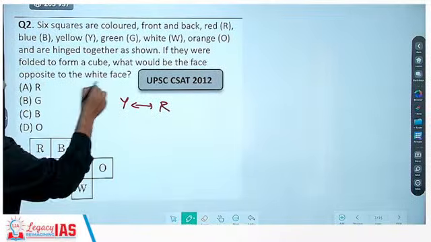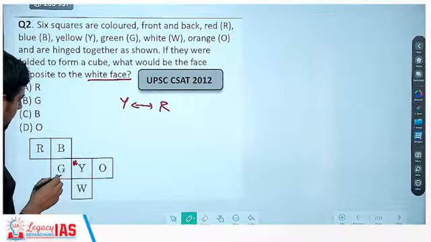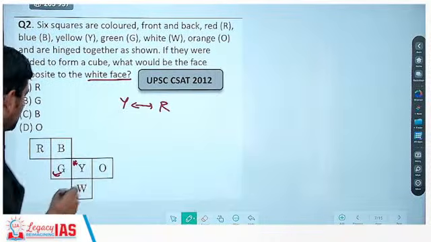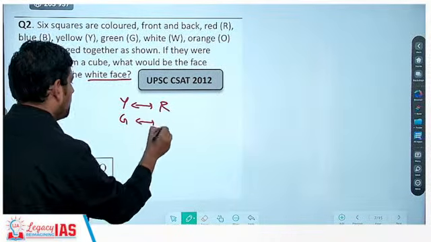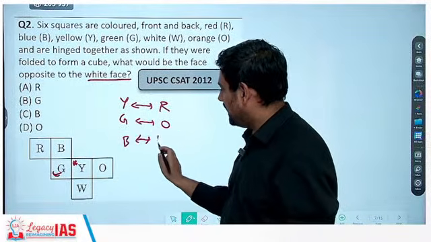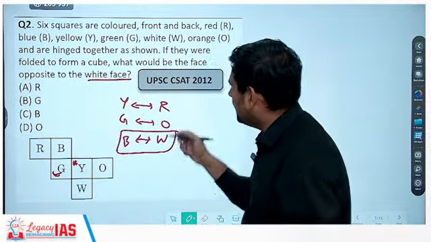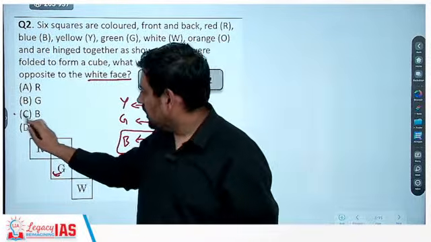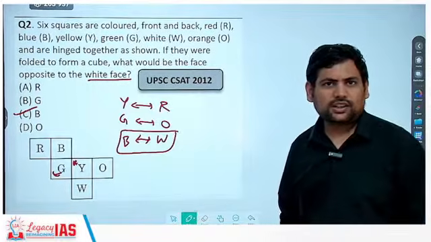Now it is asking you about the white face. Similarly you look at G. G is touching R, B, Y, W. So this cannot be opposite. What is opposite? G and O are opposite. Now whatever remains. What remains? Black and white remain. It is asking which is opposite to white. So the answer will be C, that is black.